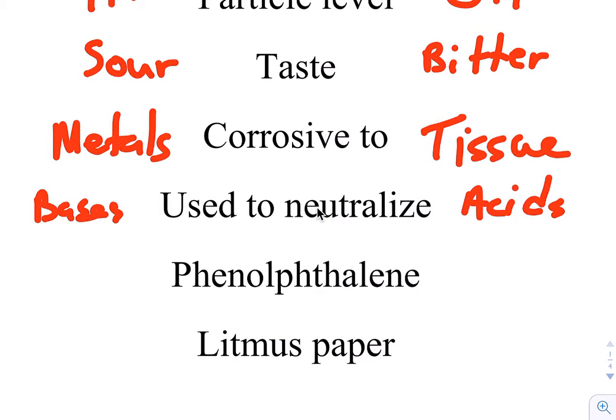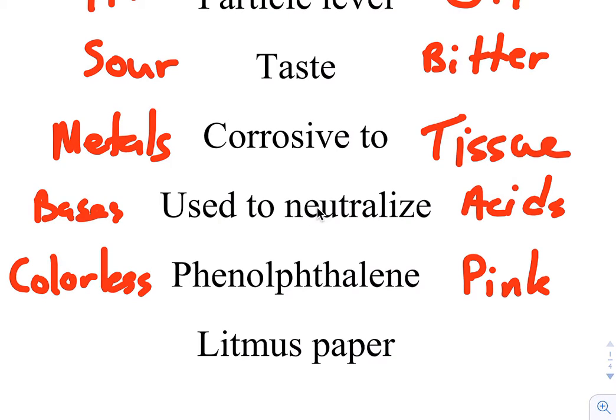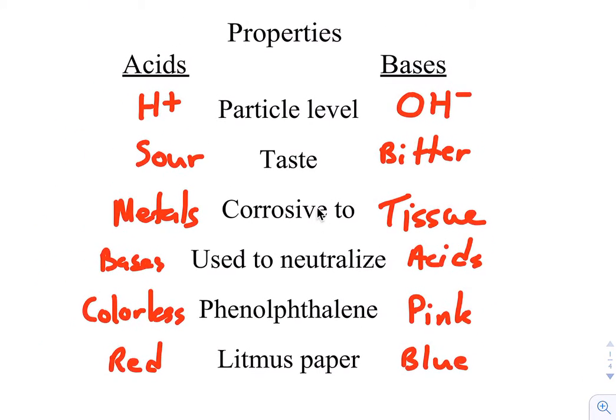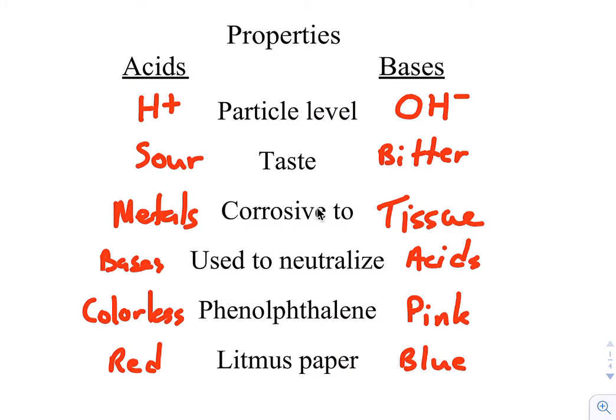Two of the common ones that are used are phenolphthalein and litmus paper. In base, phenolphthalein is going to appear pink, and in acid it is colorless. Litmus paper in base will be blue, so it's easy to remember, base and blue, and in acid it will appear red. So these are some of the basic properties of acids and bases.